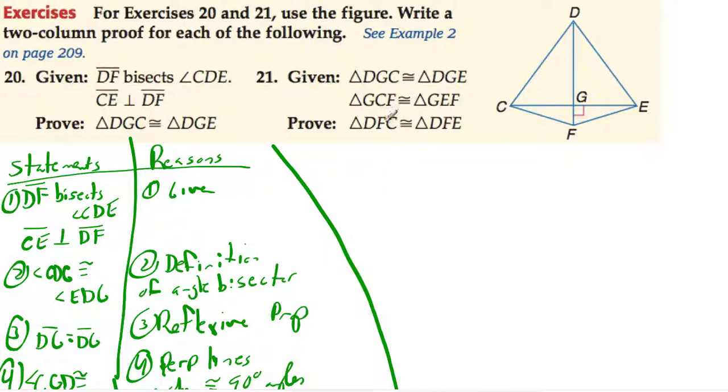Next up, we know, oh boy, it's going to be a long proof, isn't it? We know that triangle DGC and DGE are congruent. We know that CGF and GEF are congruent. We want to prove that triangle DFC is congruent to here.